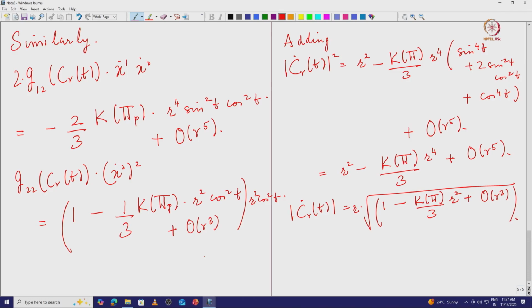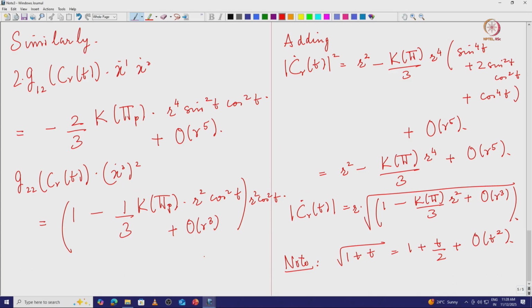So now I use the binomial expansion for the square root. Note that the square root of 1 plus t is basically just 1 plus t by 2 plus something that is order t squared, just by the binomial expansion.